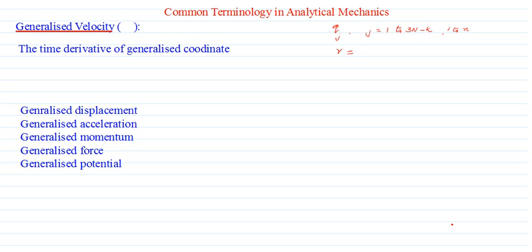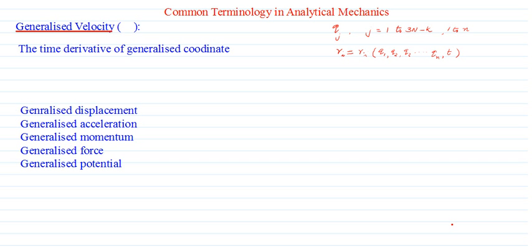So I can say the old coordinates ri can be written as ri of q1, q2, q3 up to qn. And many times, if the coordinates are time dependent, you can just add time also. That is an optional thing, depending on whether it is a time dependent or time independent type of problem that we are discussing. So that is in general.